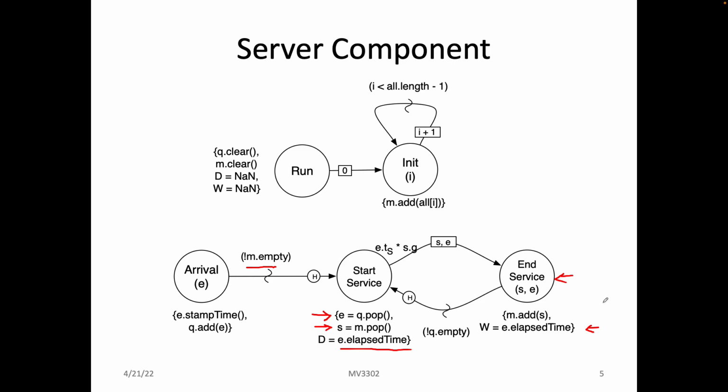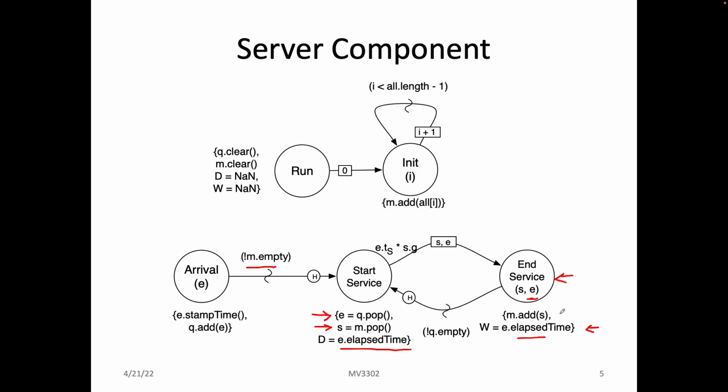And pretty much the only way to do that here is to pass it as an argument. There are other ways to do it, but they're very clumsy. The most natural way is to pass the customer that we have started service on to the end service event as an argument, and that way the end service event knows which customer has completed service.